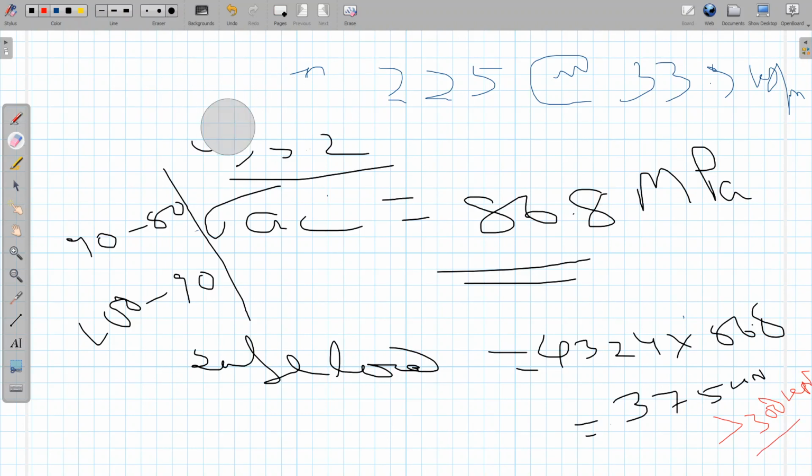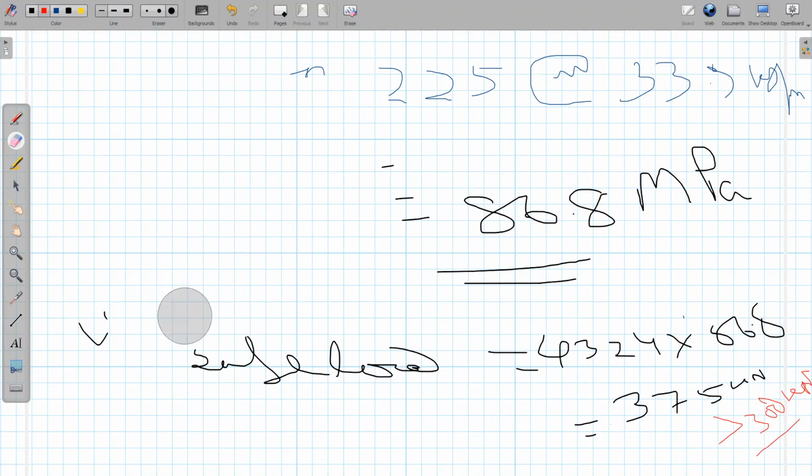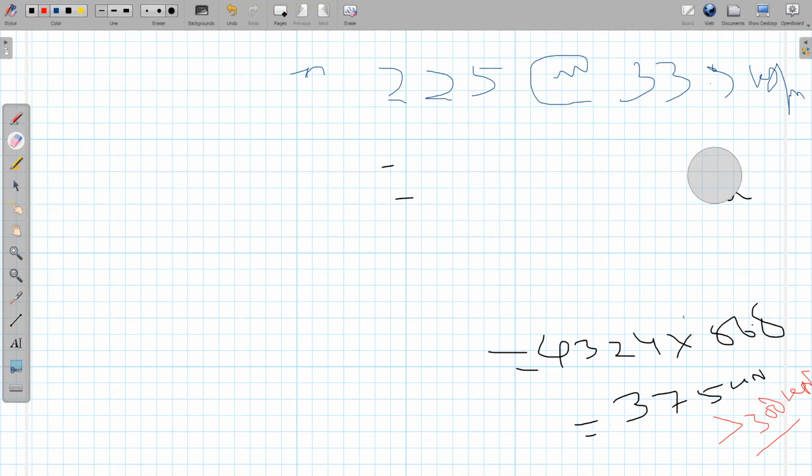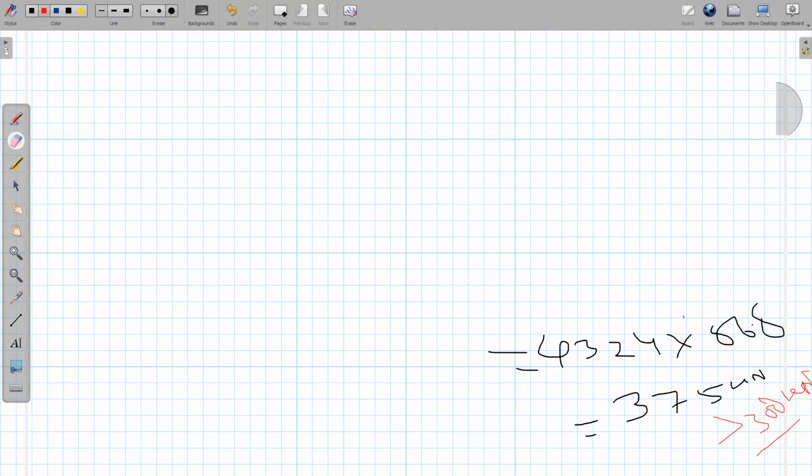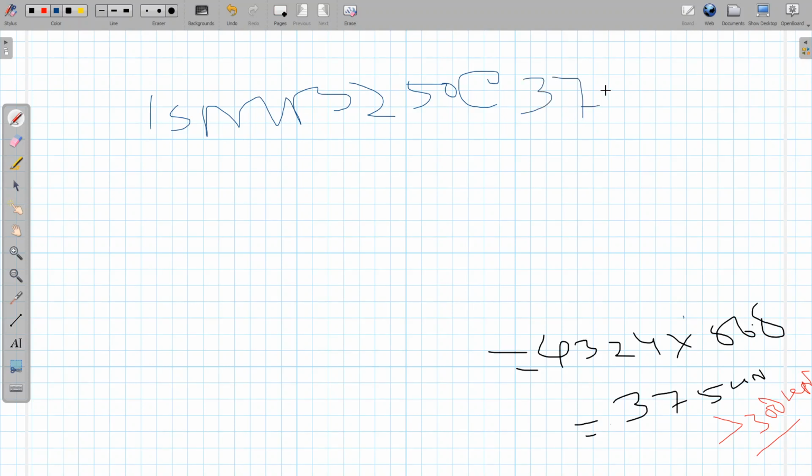Now see, we got two sections whose safe loads are more than the design load. What are those two sections? One section we got is ISMB 250 at the rate of 37.3 kg per meter. If you do this, the load carrying capacity comes as 330 kilonewton.